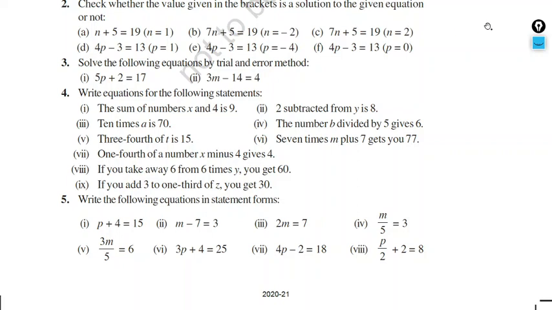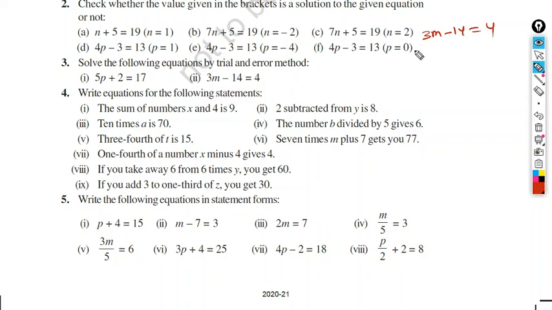Here you write the question: 3m minus 14 equal to 4. Trial and error means we will assume that m equal to 1 or m equal to 2 or m equal to 3, put the value of m in the equation, and check whether the value of m that we have assumed is satisfying the equation or not.